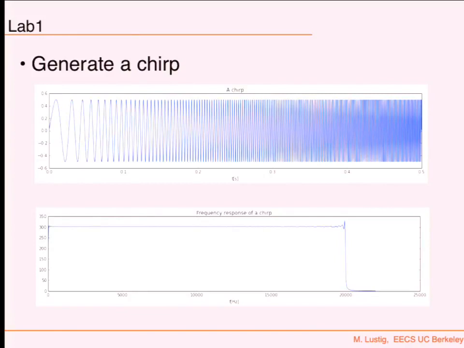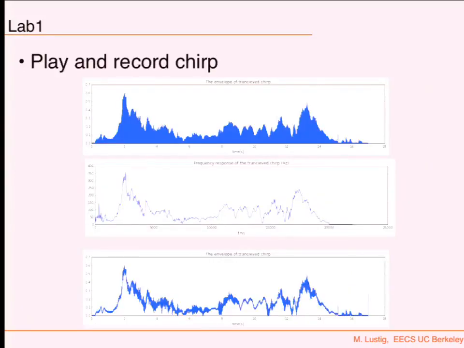What you're going to do is play and record a chirp. You're playing a chirp and recording it, and this is the absolute value of what I recorded. This is a time signal.